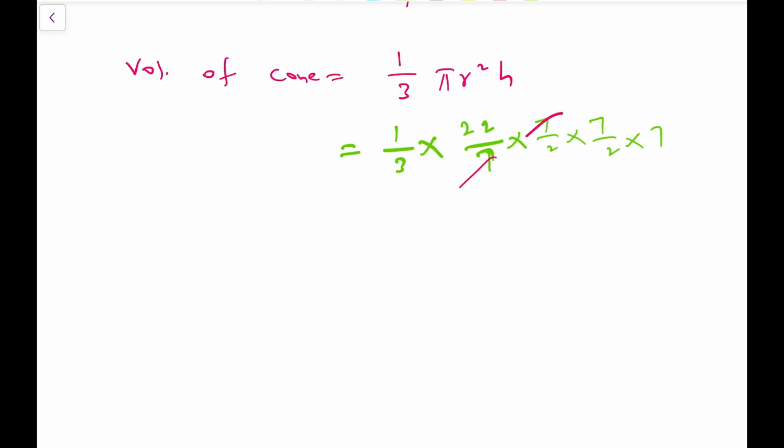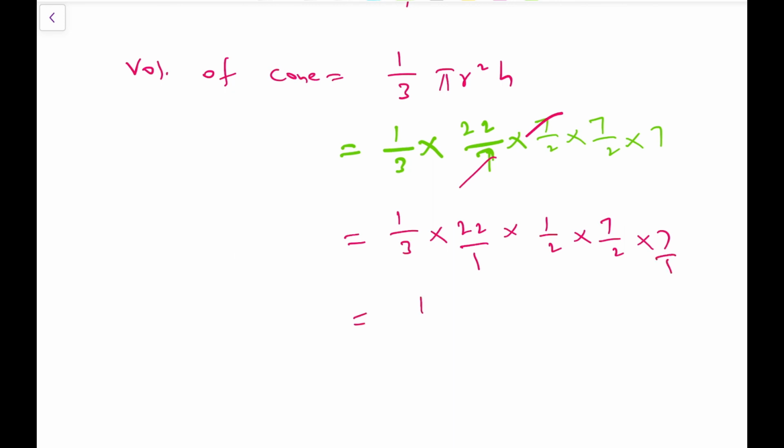Here 7 will get cancelled, so we remain with 1/3 into 22 into 1/2 into 7/2 into 7. This 22 I am writing as 22/1. Now let us multiply all the numerators first. 1 into 22 into 1 into 7 into 7. Oh sorry, here also by 1 I'll keep.